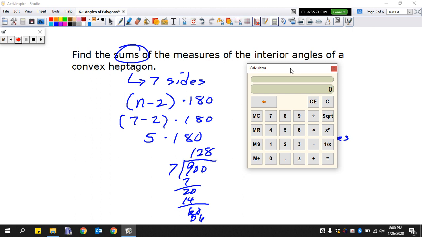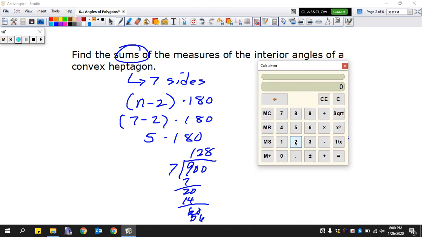Just to make sure that we didn't make a mistake, 900 divided by 7 is 128.5714. Anyway, it's a little bit over 128 degrees for each angle.